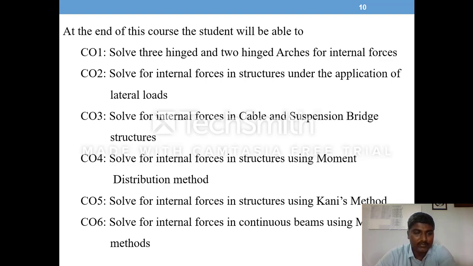And course outcome 6, that means the student will be able to solve for internal forces in continuous beams using matrix methods. After undergoing this course, the student is expected to attain all these 6 outcomes.